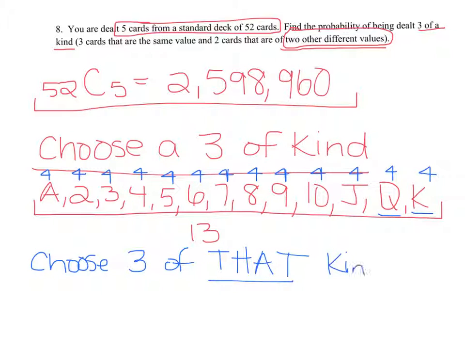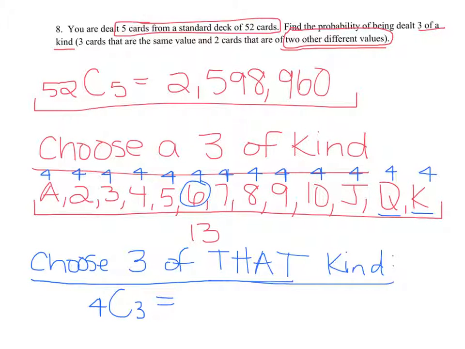For an example, let's say our 3 of a kind is going to be 6s. Then there are many different ways I can choose 3 of those 6s from the group of 4, because there are 4 sixes in the deck and I need to choose 3 of them. If I do 4 combinations of 3, that gives me 4 different ways to choose 3 of those 6s from the deck.